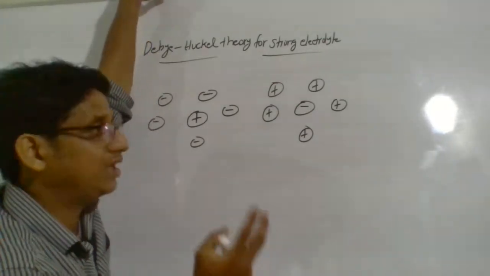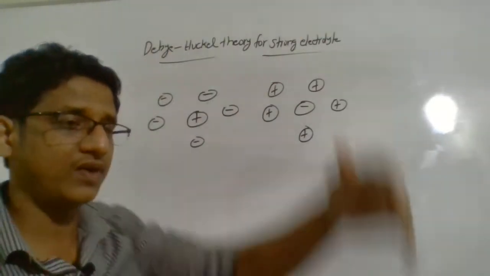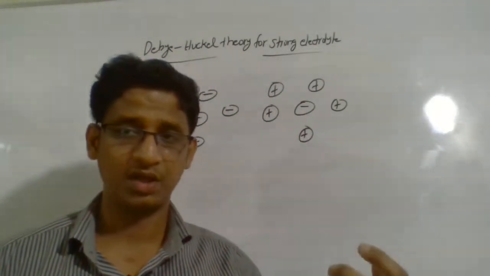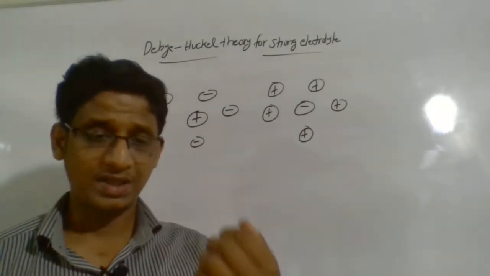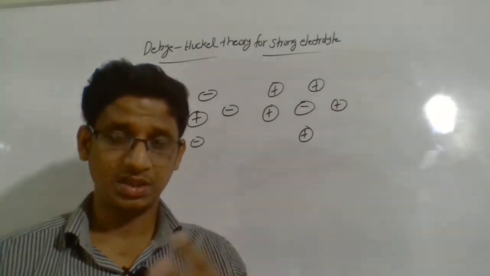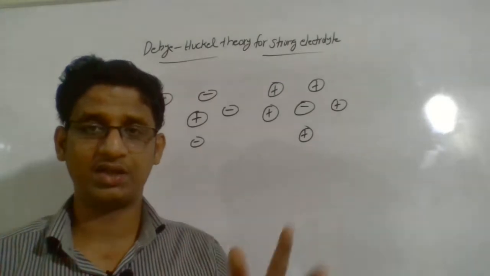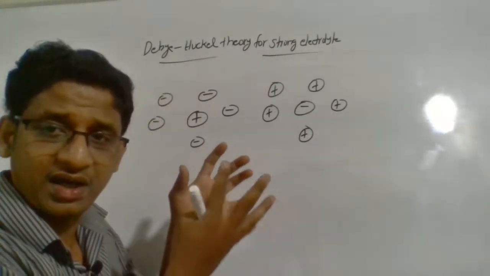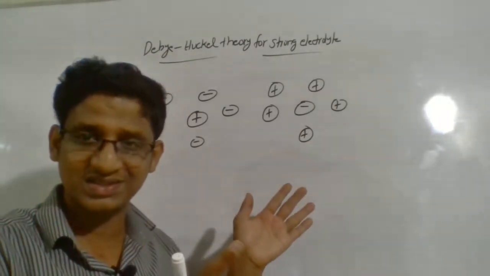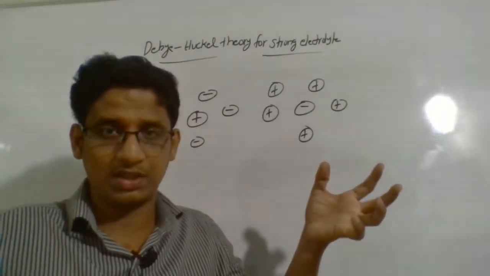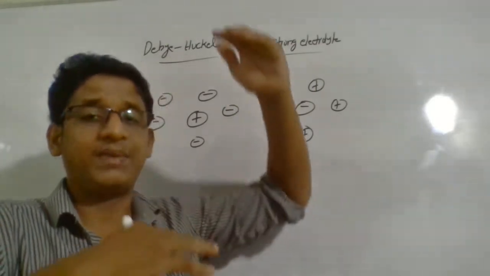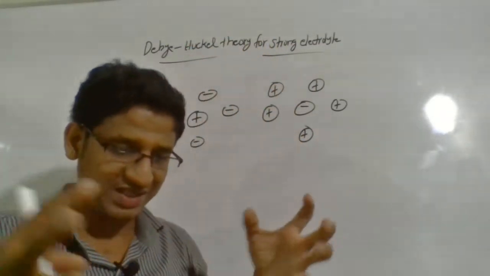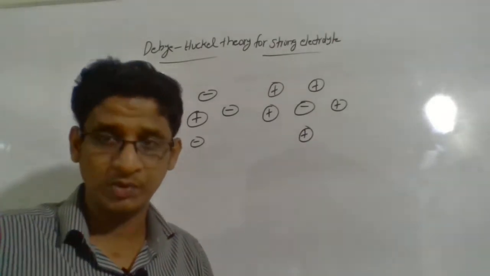But here let us explain why strong electrolytes have different conductivity at different concentrations. At lower concentration, imagine a very dilute solution. As the dilution increases, the interionic force of attraction between the ions decreases, because they have more space to move. The ionic atmosphere is there, but the distance between the oppositely charged ions is greater, meaning they have more freedom of movement.